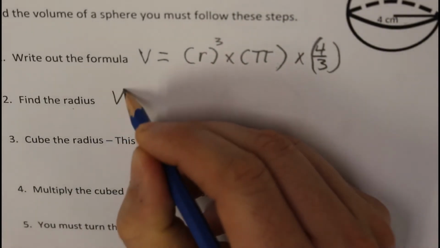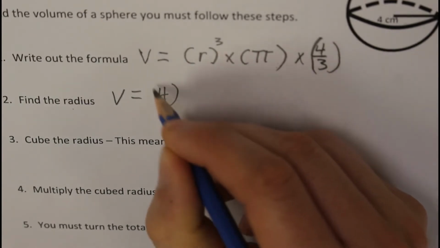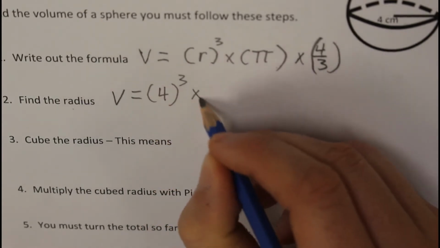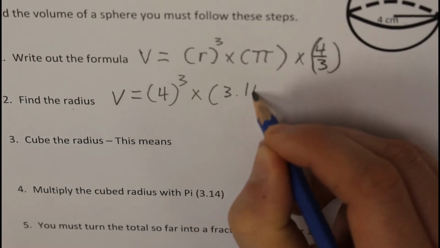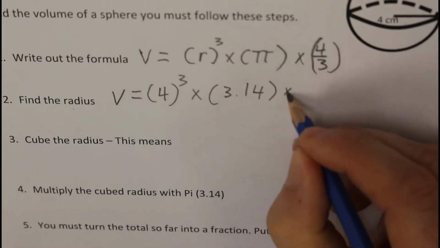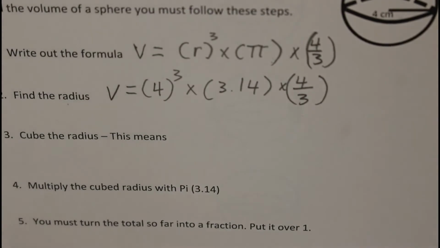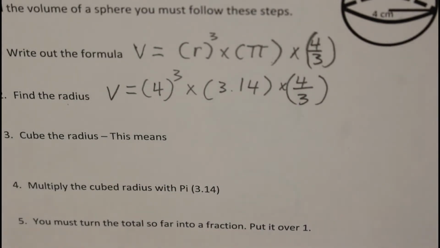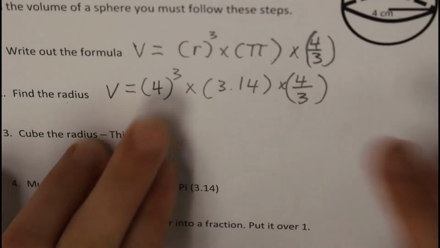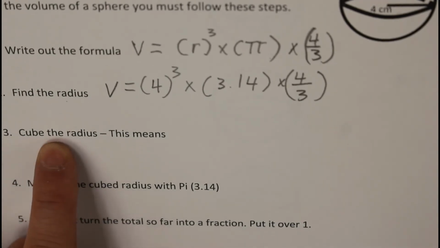So volume equals, that's 4. So 4 cubed times pi, pi is always 3.14, that's our magic number, times 4 over 3. So I like to work this left to right. Quite often you'll see this written out differently, kind of almost the exact opposite order, but this is just nice and easy. We just work it left to right. All right, so next thing we always want to do is cube the radius.